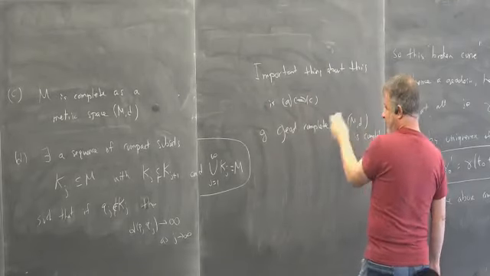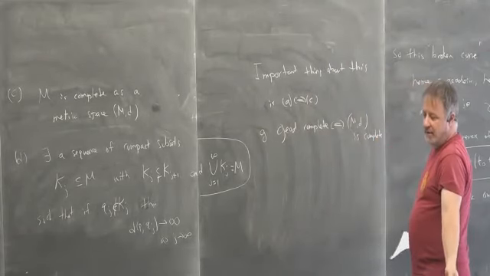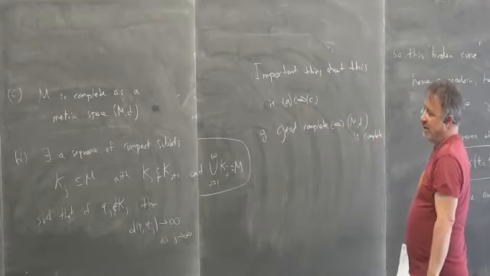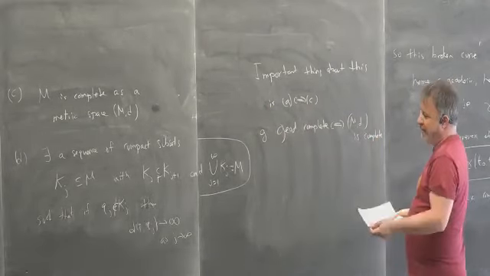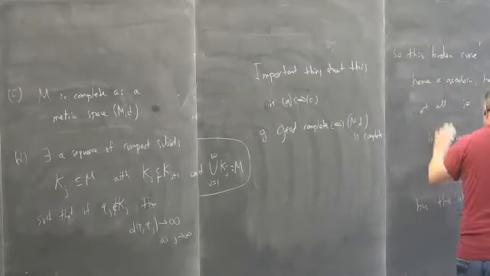Because of this theorem, because these are the same concept, we're just going to say a metric is complete. That means it's geodesically complete, and it's equivalent to the metric space distance function making it a complete metric space.